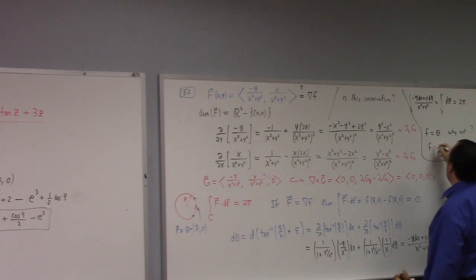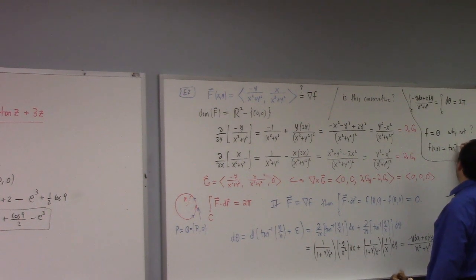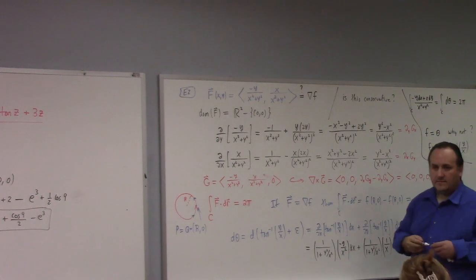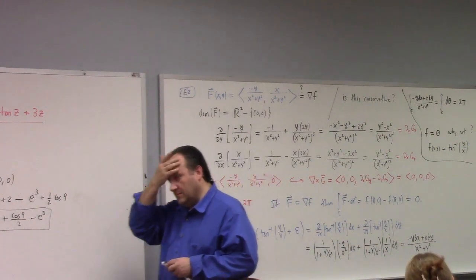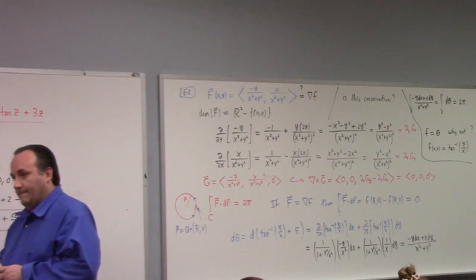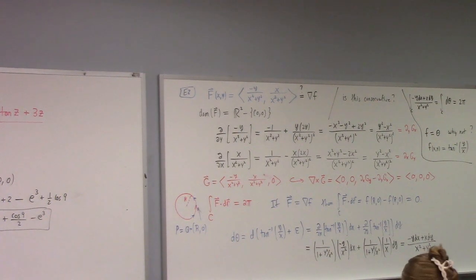We could say f of xy is equal to the inverse tangent of y over x, right? That'll work. But where does it not work? It doesn't work at x equal to 0, right? But that's actually just an artificial shortcoming of the inverse tangent.